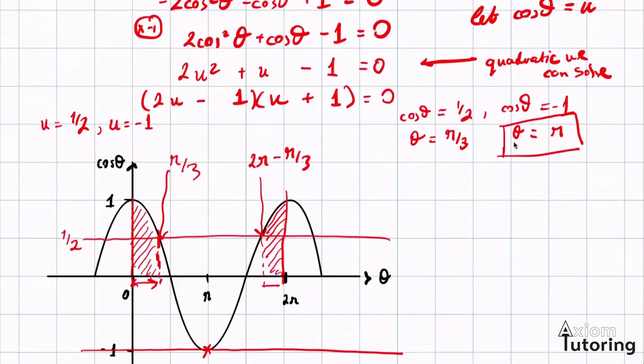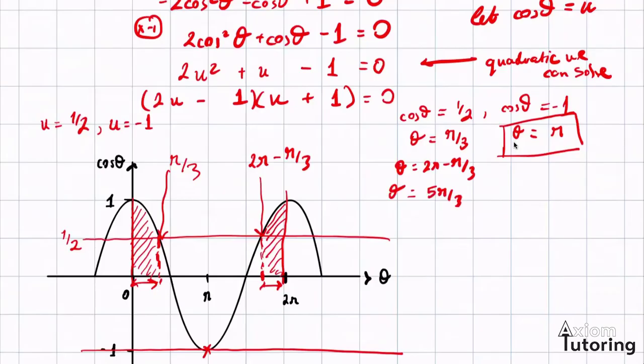Well, then this is also going to be pi over 3. And so what's this point here that gives us our next solution, it's going to be 2 pi minus pi over 3. Okay, so for cos theta equals a half, theta equals pi over 3, but theta also equals 2 pi minus pi over 3. And if we compute that, that just gives us 5 pi over 3.